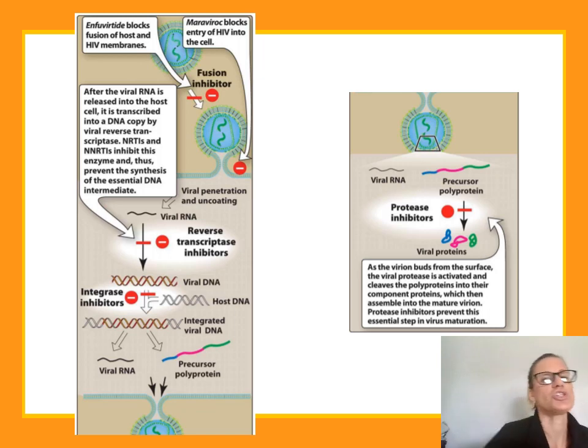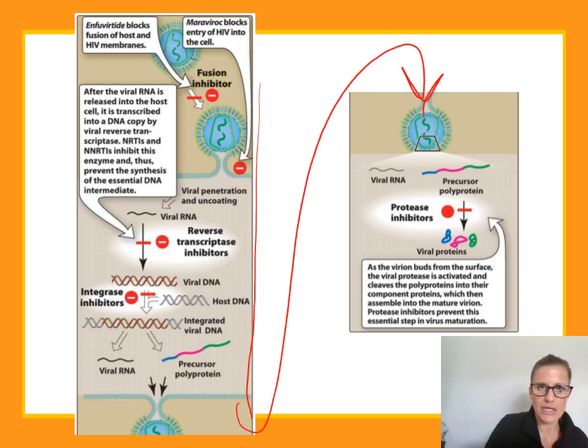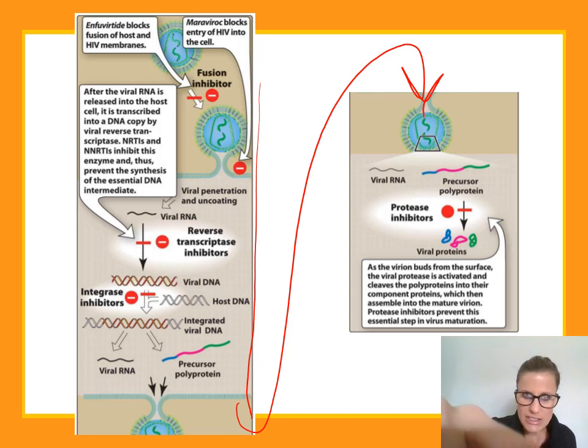And then this here is just showing you where different agents work. This is showing you what the HIV does, how it enters into the cell. Here you see the HIV fusing with the membrane of the host cell.